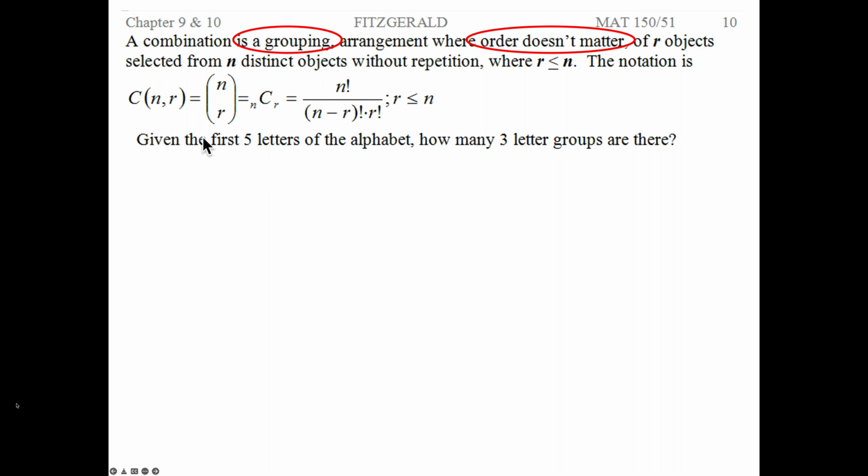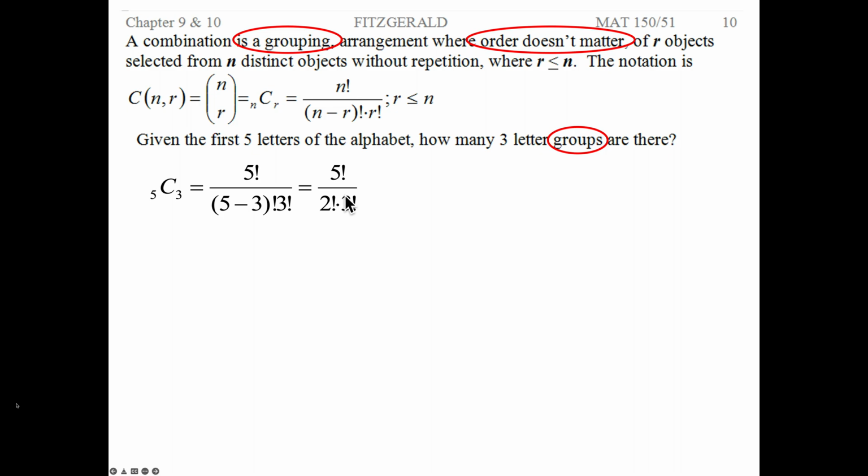So if I go back to my letter example, given the first 5 letters of the alphabet, how many 3-letter groups are there? These are groups. So this is 5 combination 3. So 5 factorial over (5 minus 3), which will be 2 factorial, times the extra 3 factorial on the bottom.